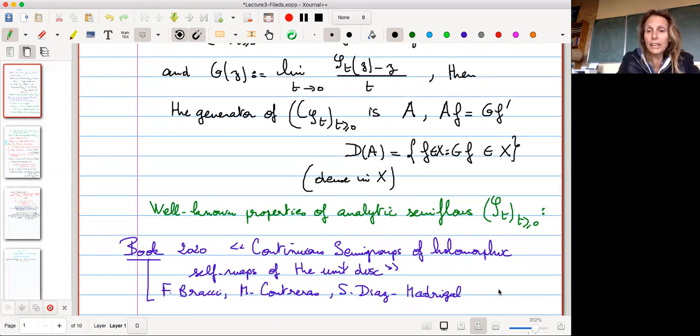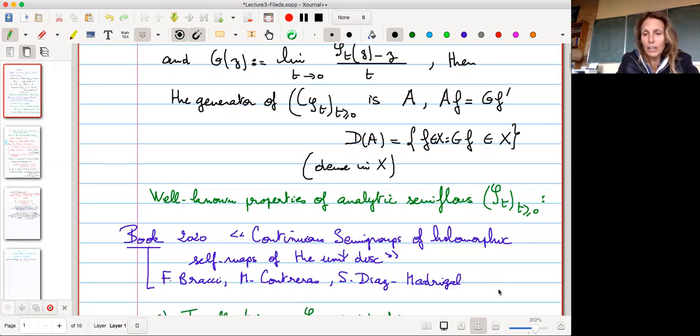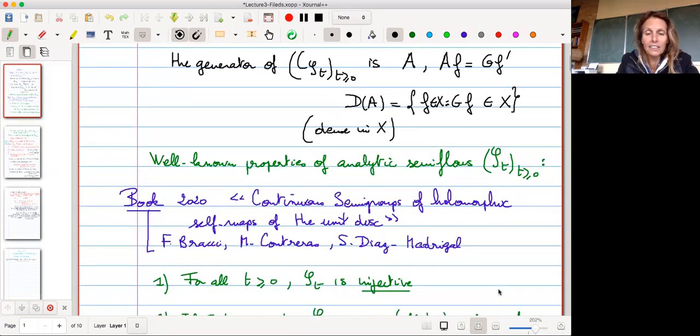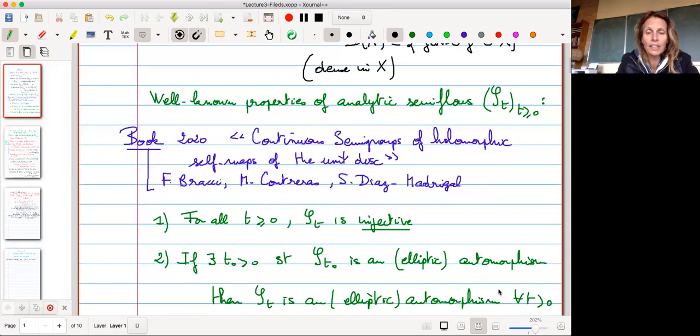It's a very nice book where all the things I'm mentioning today are very well detailed, and many other things inside. So the first thing is that for all t, phi_t is automatically injective. This is important, for example, if you consider semigroups of composition operators on the Dirichlet space, because in this case, because phi_t is injective, C_phi_t is well defined.